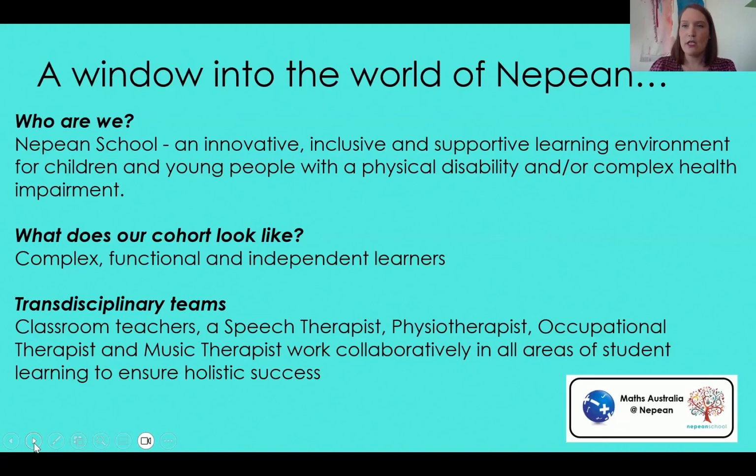Our functional students might have a little bit less physicality, but potentially higher intellectual needs. And then our independent learners are generally those with low physical needs and low intellectual needs as well, like the students that teeter on the edge of, can they go to mainstream or do they need to be in a specialised setting like ours?